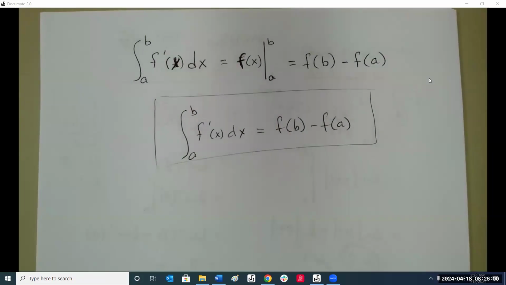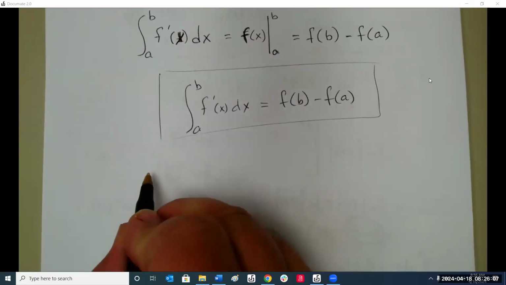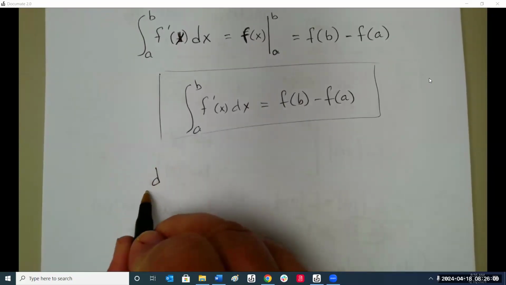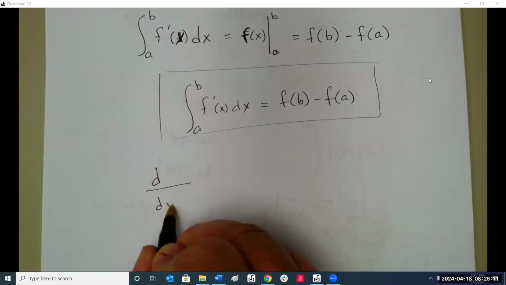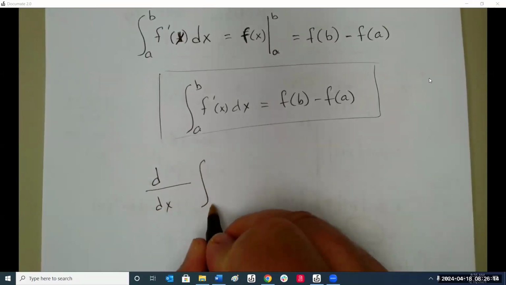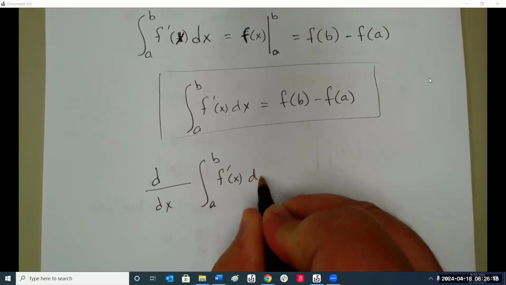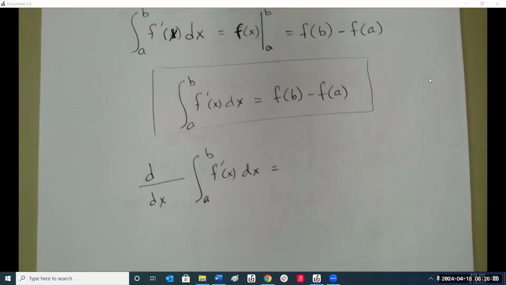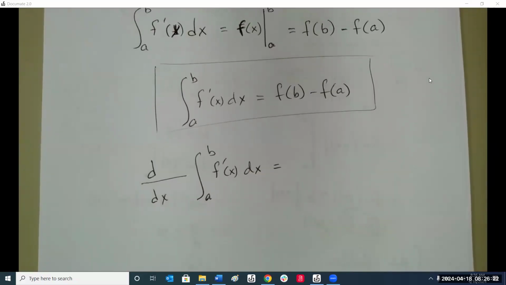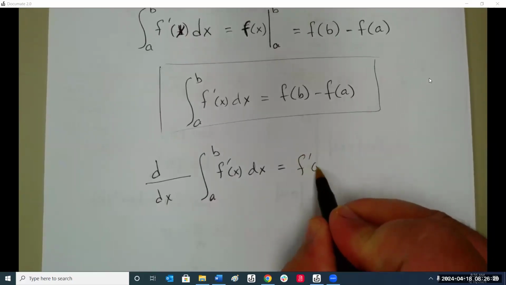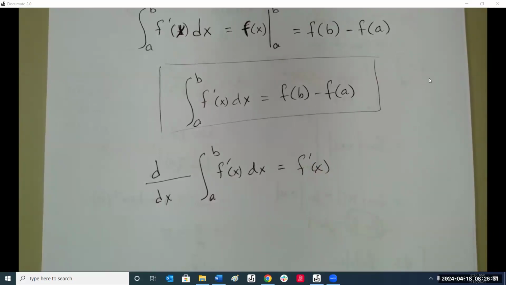There's also another corollary to this: that the derivative of the integral would equal what? What you started off with.